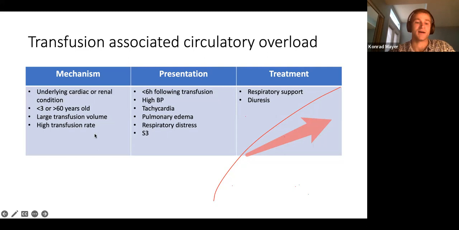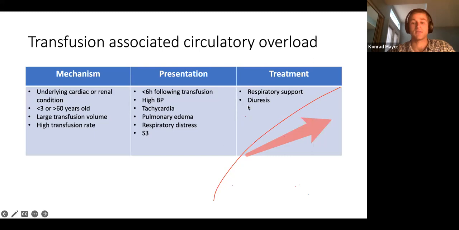And their body can't handle this large volume of blood that has been rapidly added to their vasculatory system. So this presents within hours of the transfusion. They will present with tachycardia, pulmonary edema, respiratory distress, a third heart sound, signaling volume overload, and high blood pressure.